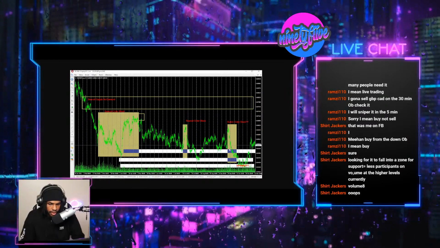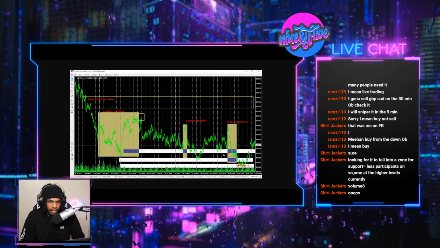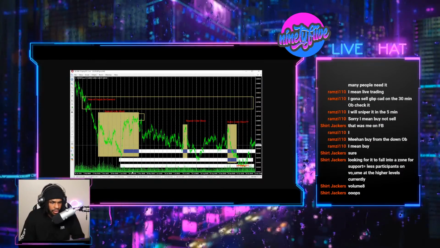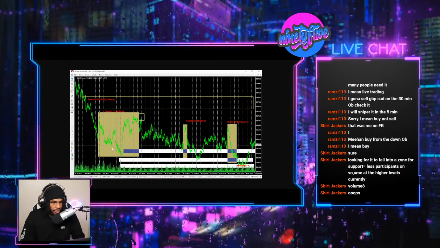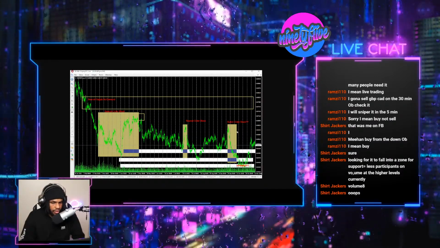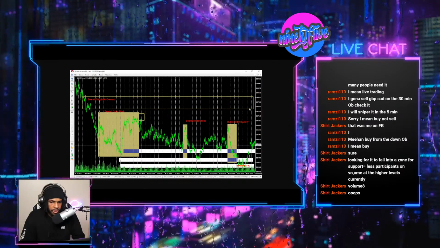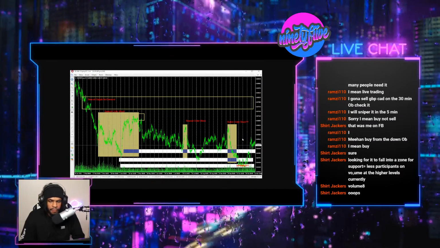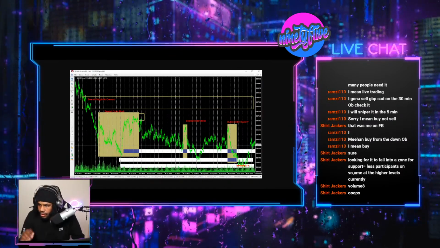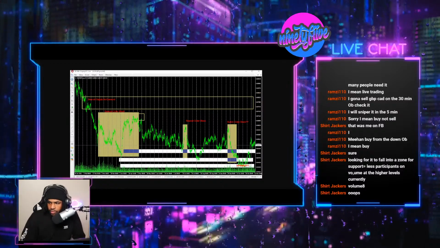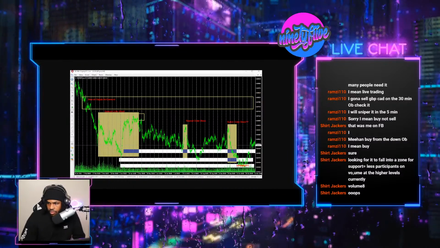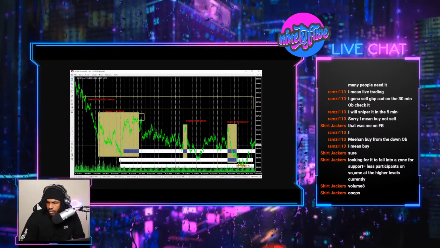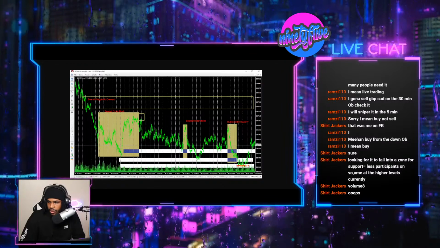So you're saying this highlighted area is the order block? Because I see you have it right above each highlighted area. Spring, so you could be bullish up until this area, I'm assuming. So looking for it to fall into a zone for support. Oh, it says equals less participants on volume at higher levels currently.